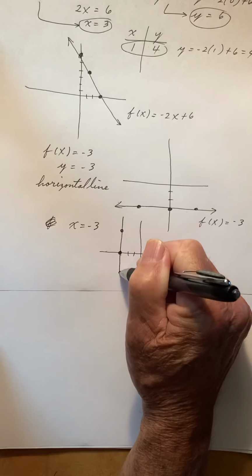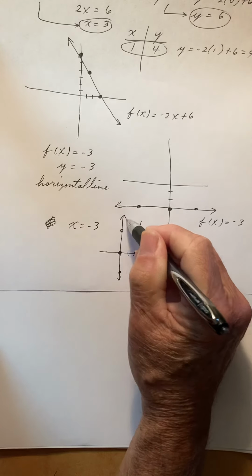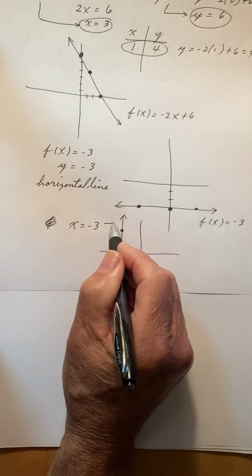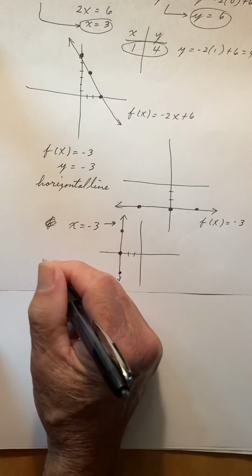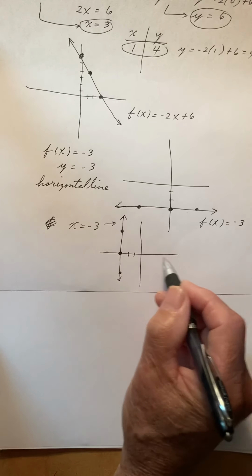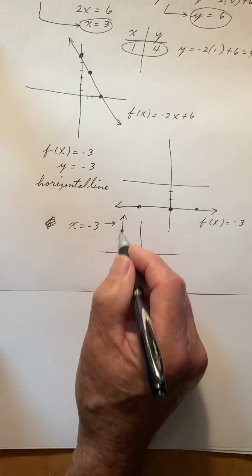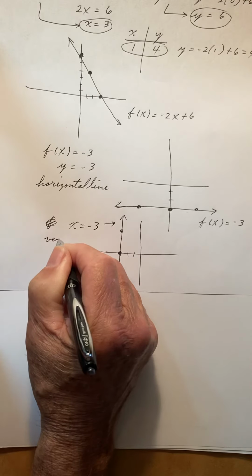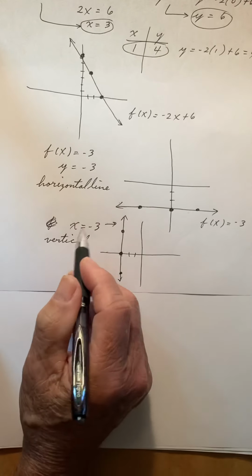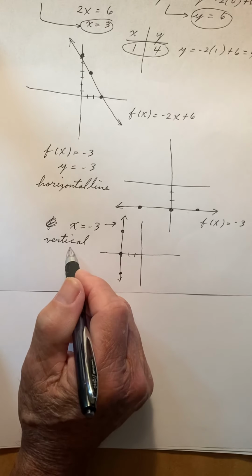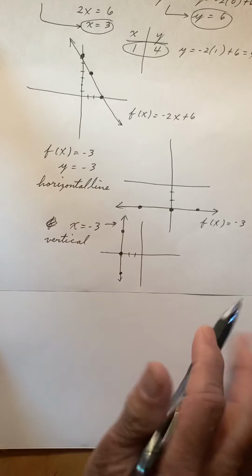So if we connect those, we get this graph for x equals negative 3. Notice that the x-axis is horizontal, but this line is vertical. So again, we have the opposite situation. X equals some number is vertical, y equals some number was horizontal.